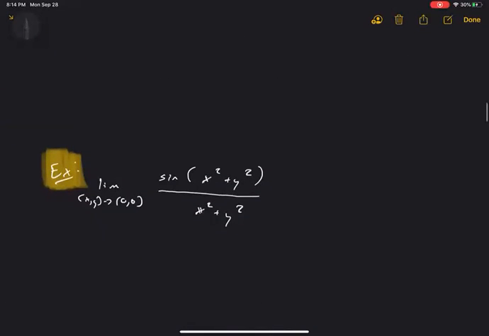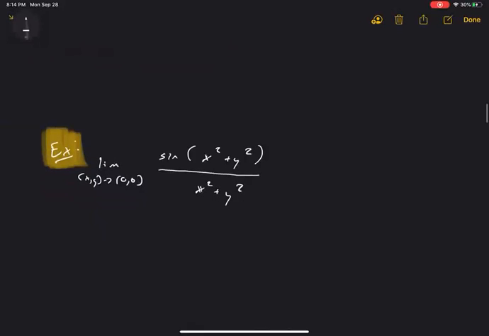So I have this. I want to see if this limit exists. Just like with material from Calc 1 and 2, the limits might not exist at all. They might blow up to infinity. They might oscillate. From one direction it might be one value, and from another direction it might be another value.